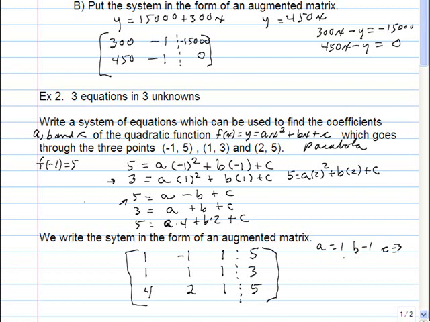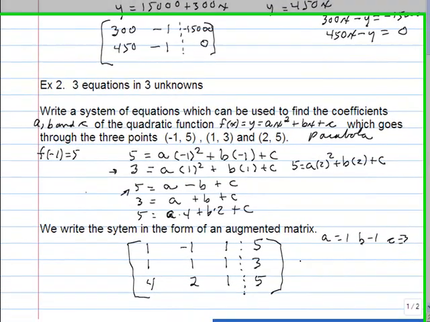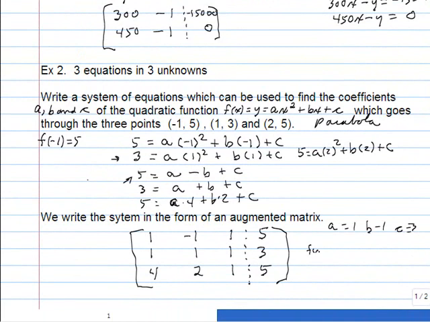Now if I ask you what is the quadratic function that goes through those 3 points, then you would write out the formula. You could say f of x or y, that doesn't matter which one you use, is equal to, instead of ax squared, you just go 1x squared. Instead of plus bx, you'd go minus x.